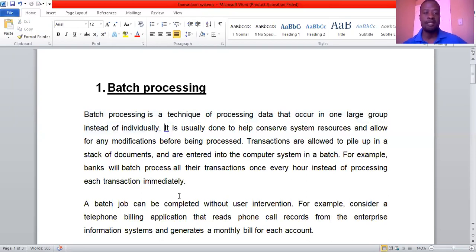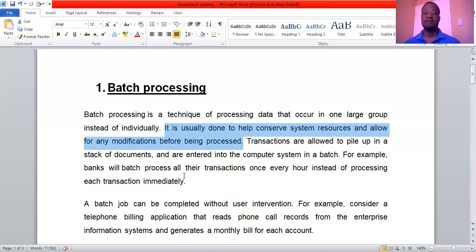It's actually done to help conserve system resources and allow for any modification before being processed. So it conserves system resources, because it's not always that the resources of the system are being used; sometimes they just idle because there's no processing being done.